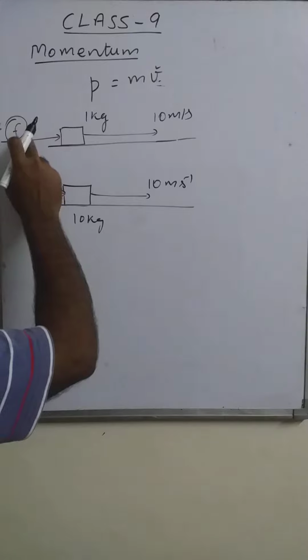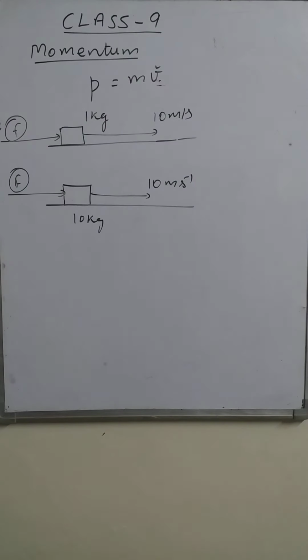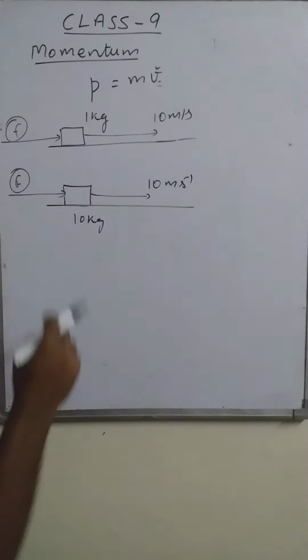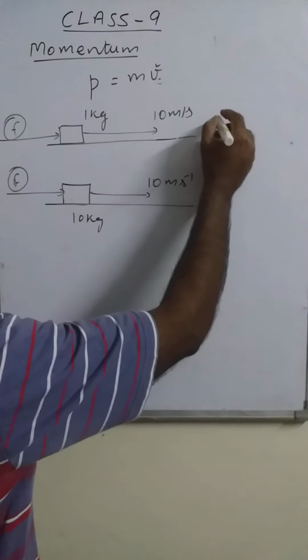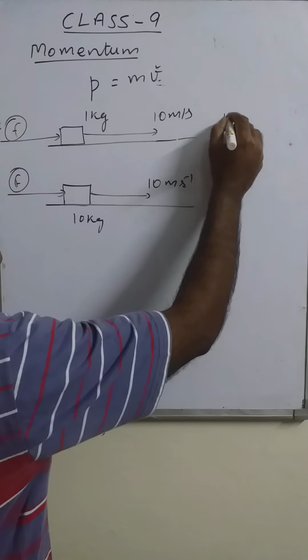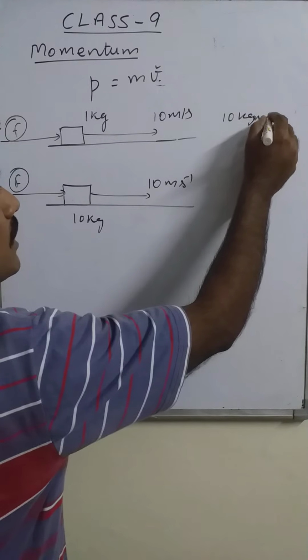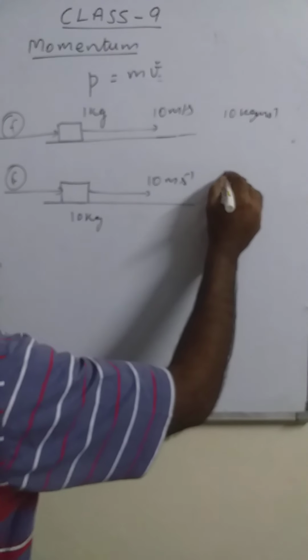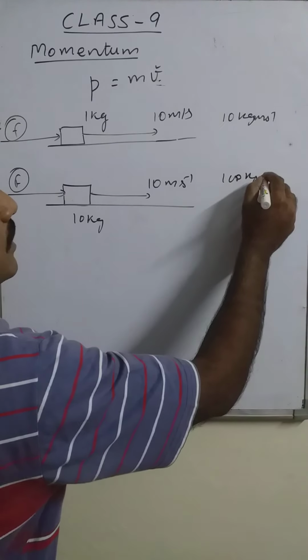After applying force, they are in motion. If we calculate the momentum, for the first it is 1 into 10, that is 10 kg meter per second. For the second it is 100 kg meter per second.